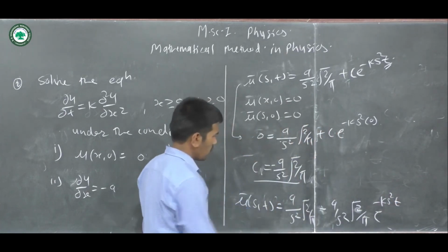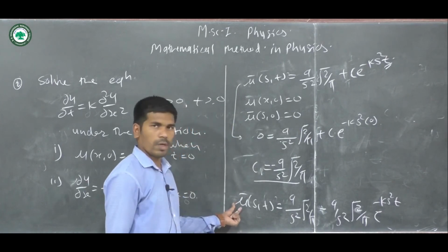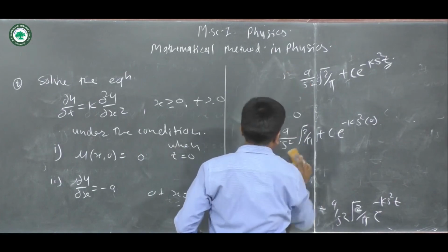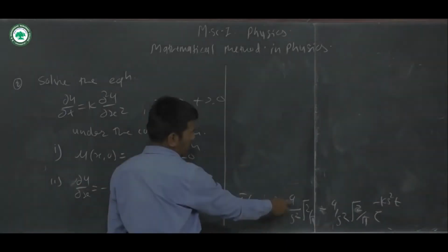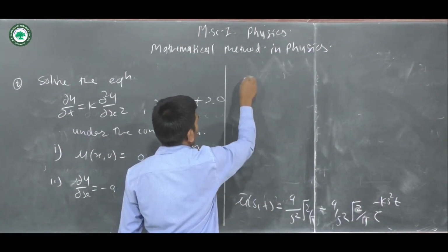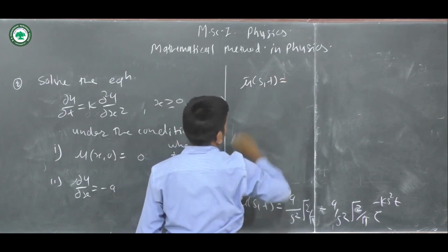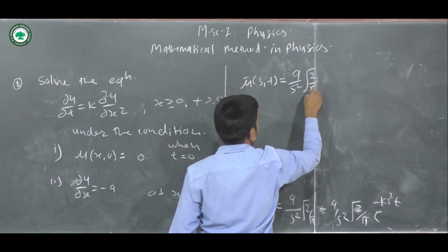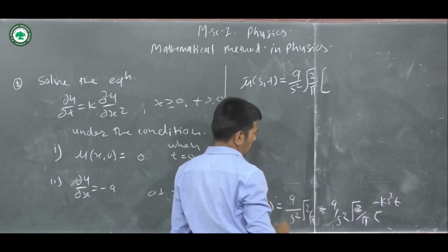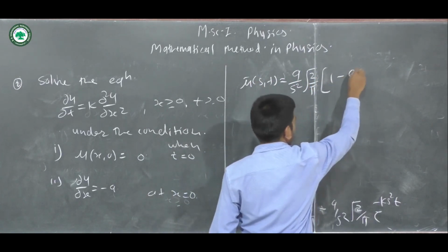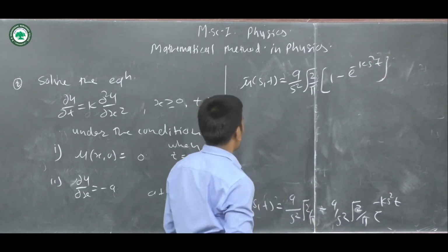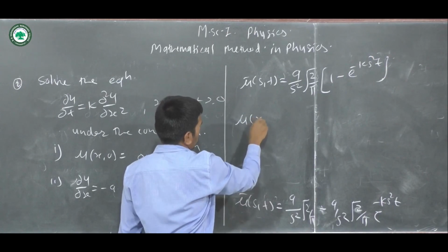Okay, so this is the total expression for u bar. Also we can rewrite u bar by taking out the common factor: u bar as a function of s and t is a by s square under root 2 over pi into 1 minus e raised to minus k s square t.